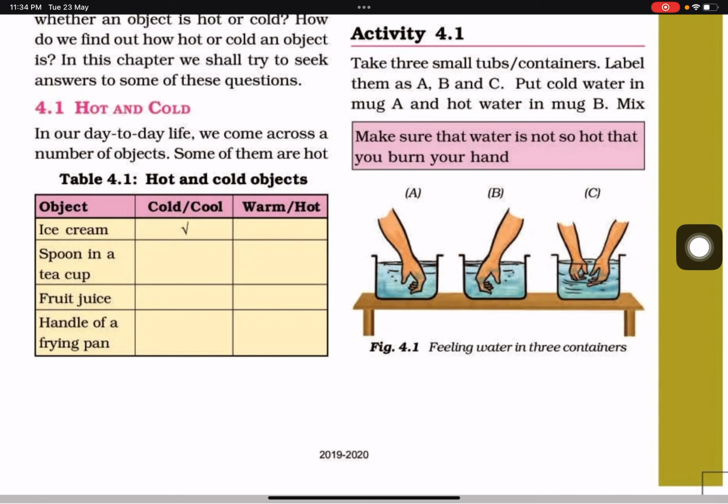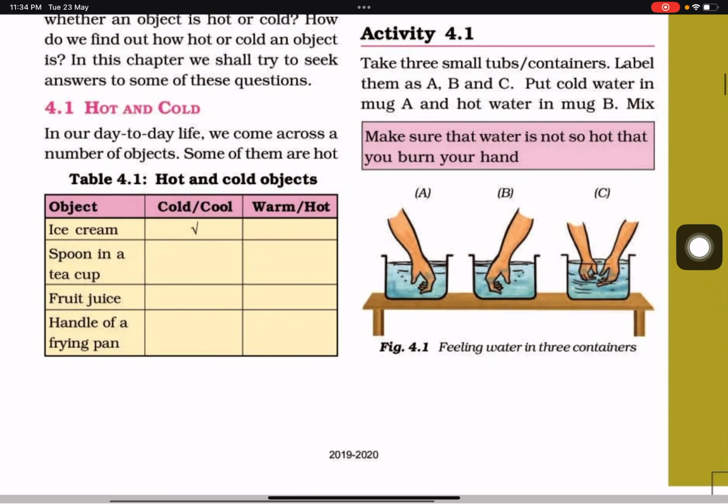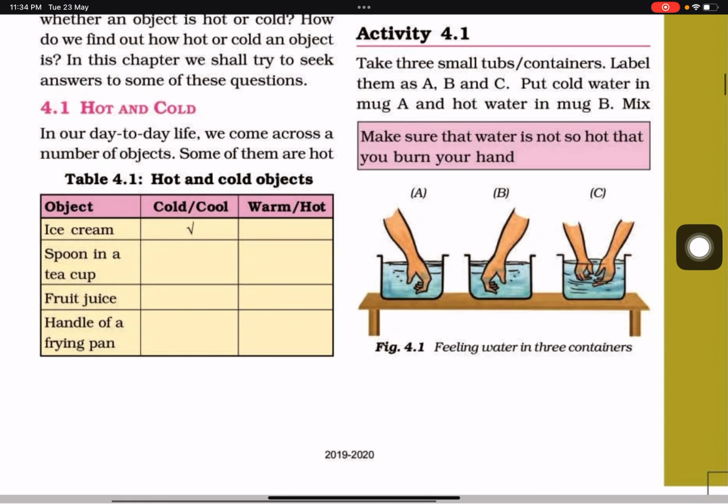What will you feel? In the container having hot water your hand will feel hot. In the container of cold water your hand will feel cold. And in the container of normal room temperature water you will not feel whether it is hot or cold.